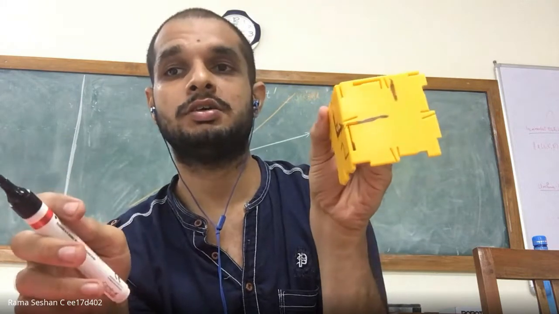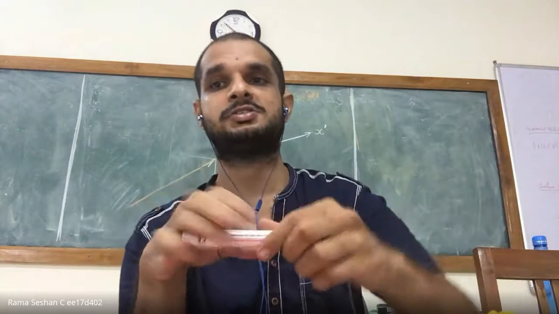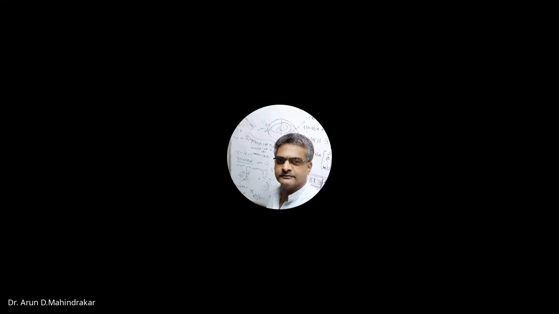Now let's see what we expect when this happens in Euclidean space. So I will use the board now. Can you hear me clearly now? Yes. So I will draw.